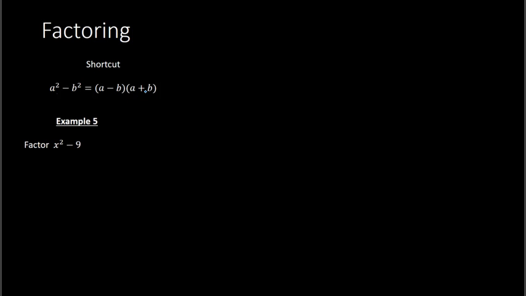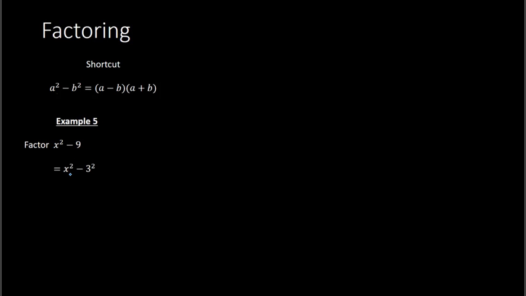So for example, if you had x squared minus 9 and you were told to factor, meaning you're going backwards, so now we have two things in parentheses. What I do is I use this shortcut. We see here we have a difference of squares. We have something squared minus, and the 9 would be 3 squared.